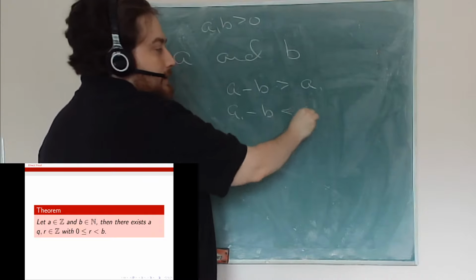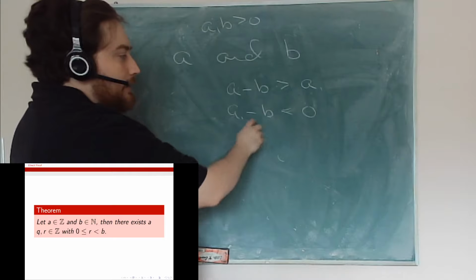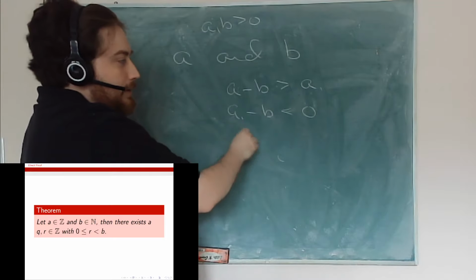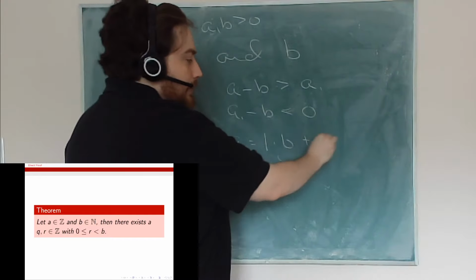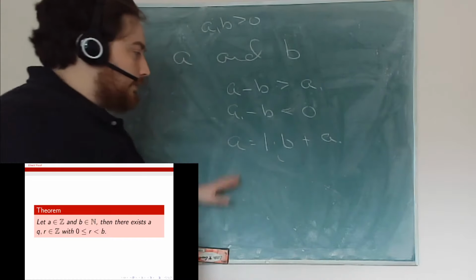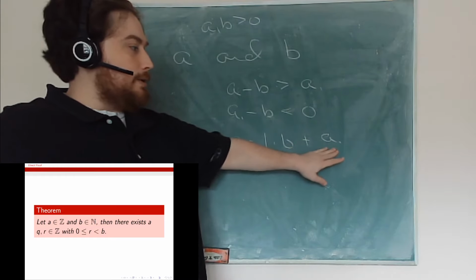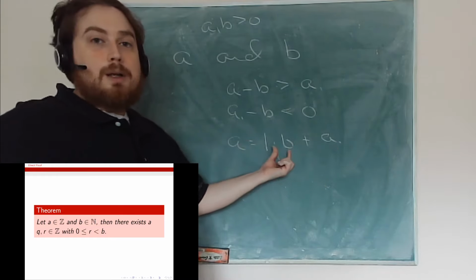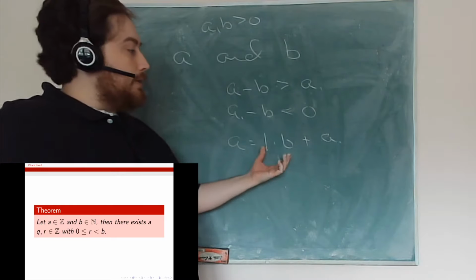If this is less than 0, then we stop, and that means b is bigger than a1, so a would be equal to 1 times b plus a1. Now we've written a as an integer times b plus an integer, where this integer is between 0 and b, which is what we're looking for. We're trying to rewrite numbers in that form.